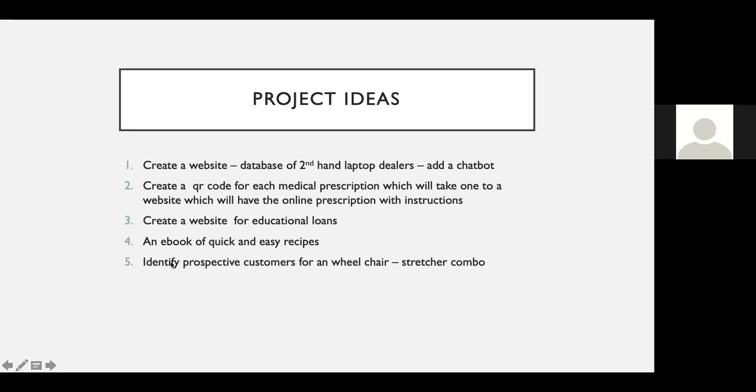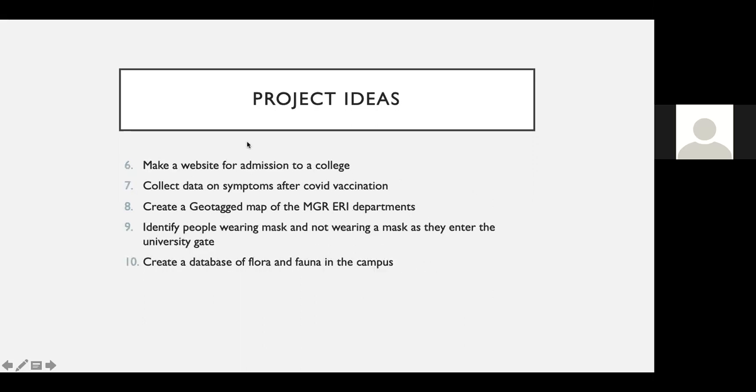Okay, here's one more idea. Make a lead magnet for a wheelchair stretcher combination. Make a website for admission to a college. Can you make a Google form which will capture the required information, and if a particular certificate has to be uploaded, marks, etc.? Collect data on symptoms after COVID vaccination.